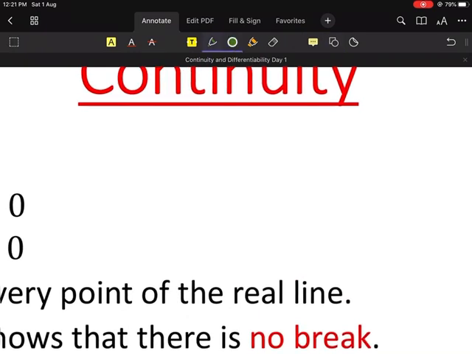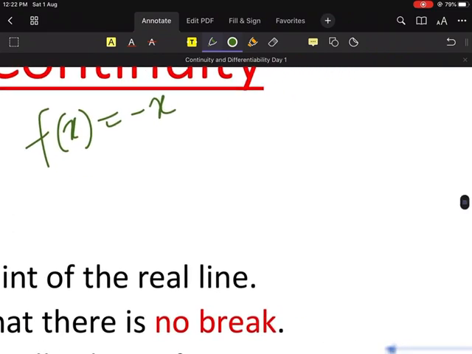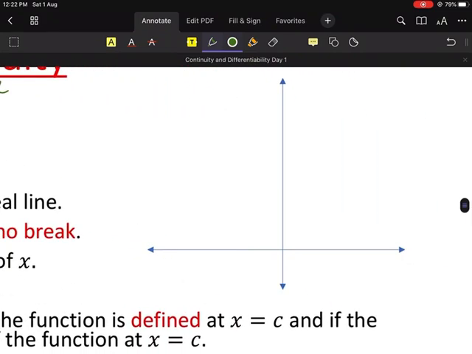So when x is less than 0, what is fx equal to? Minus x. Yes or no, guys? Now look at here. When I am drawing a graph, we have the XY axis, right?